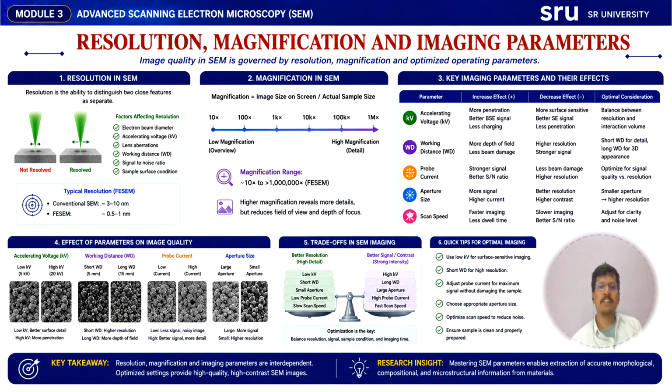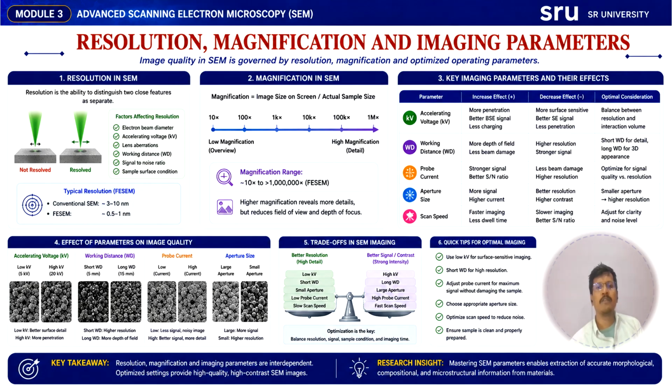Several factors affect the SEM image resolution. The first is electron beam diameter. A small beam diameter produces better resolution.